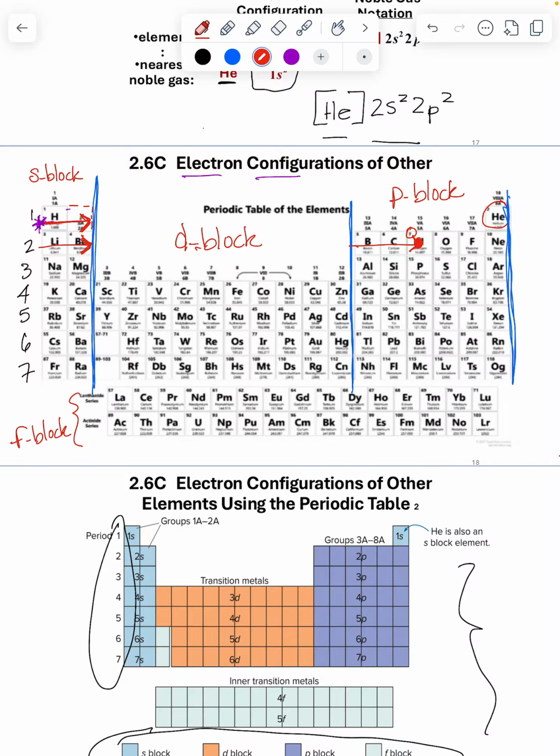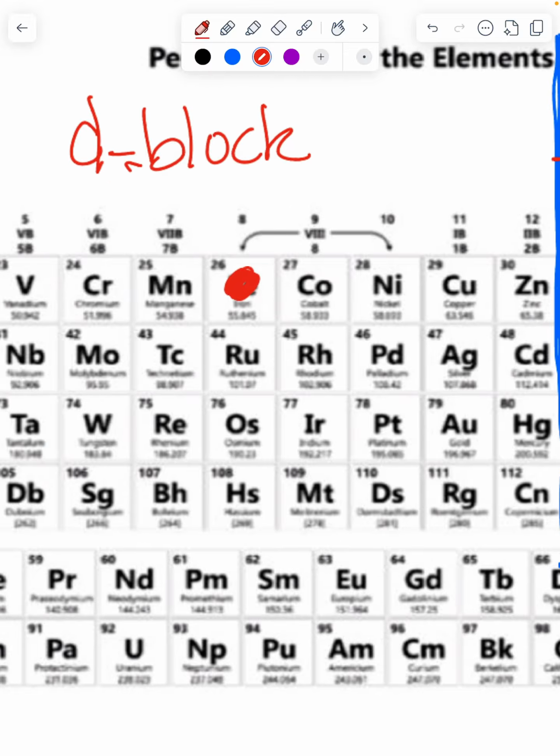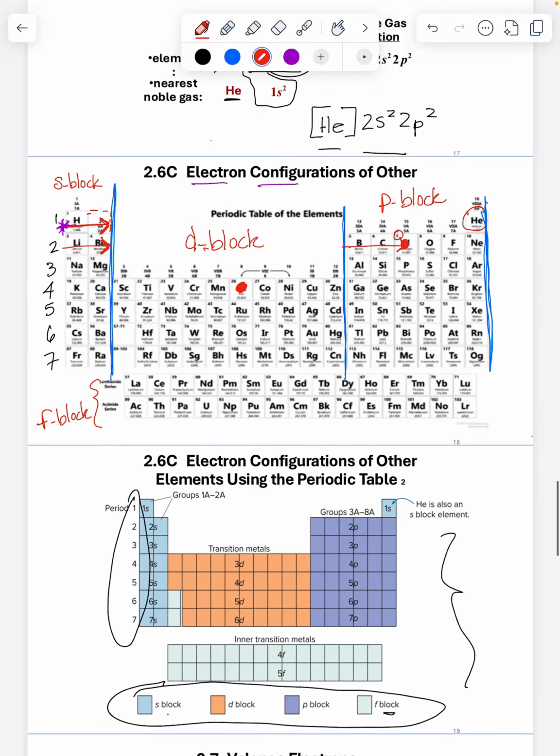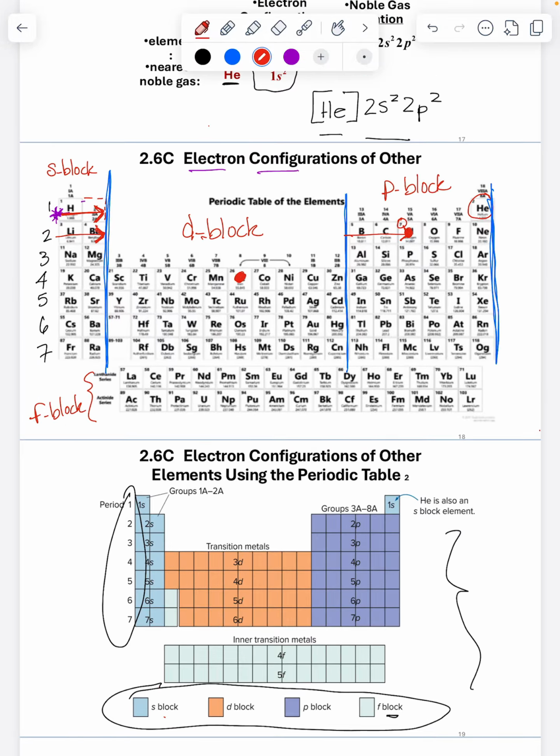Let's go all the way to number, what number is that? Number 26, iron. And so I'm just going to draw a dot there. Let me erase what I've done before. And we're going to be on our way to iron.